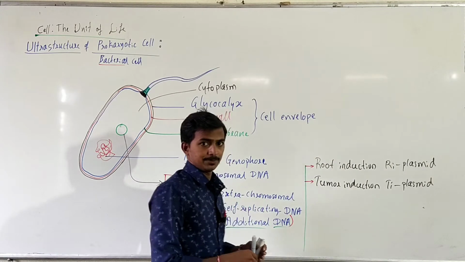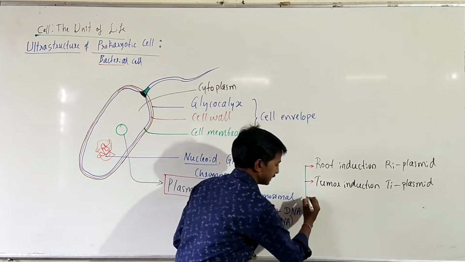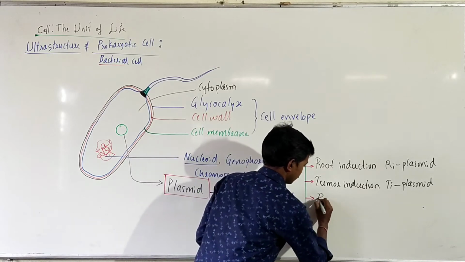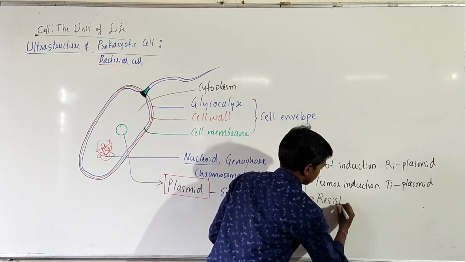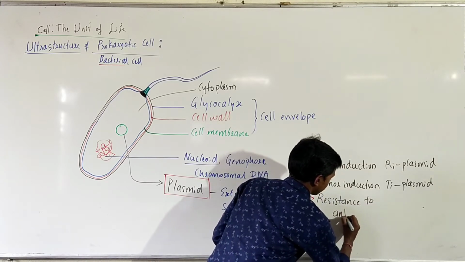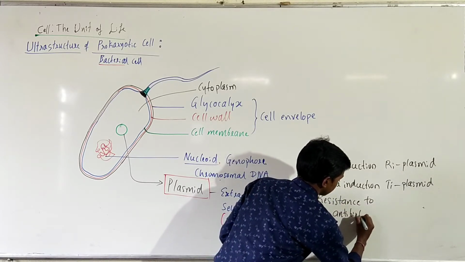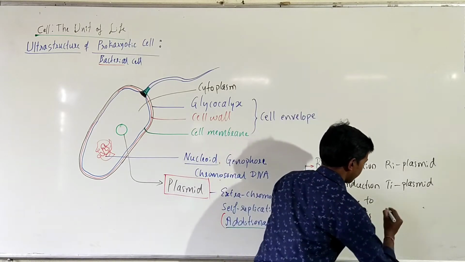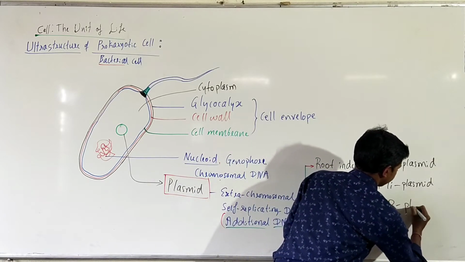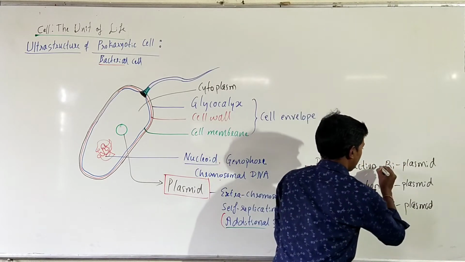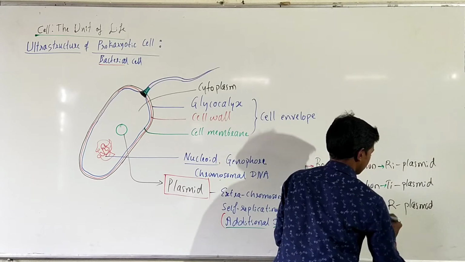Sometimes in some bacteria, the plasmid helps in resistance to antibiotics. Then it is called as an R plasmid.